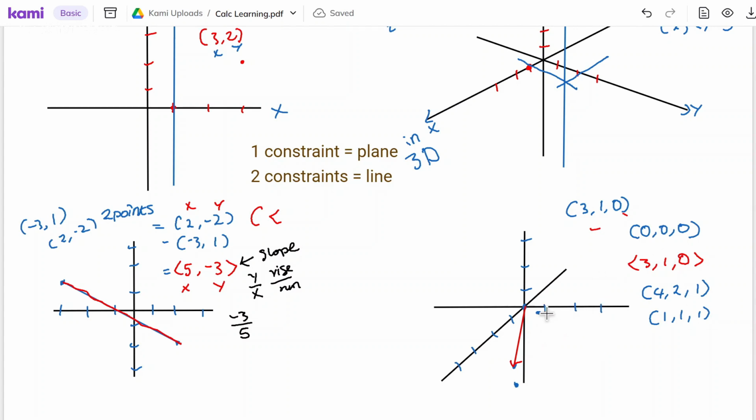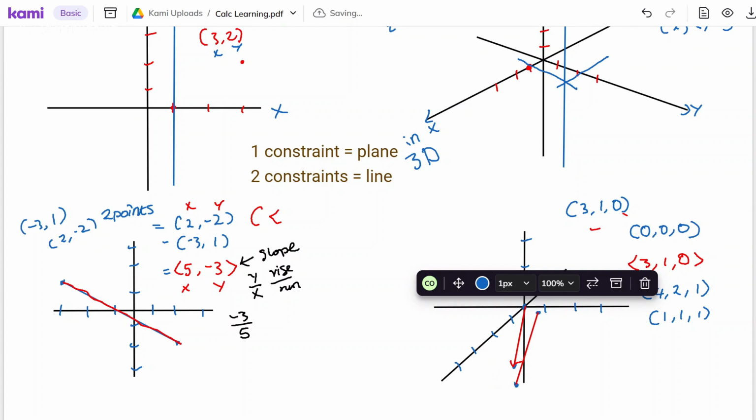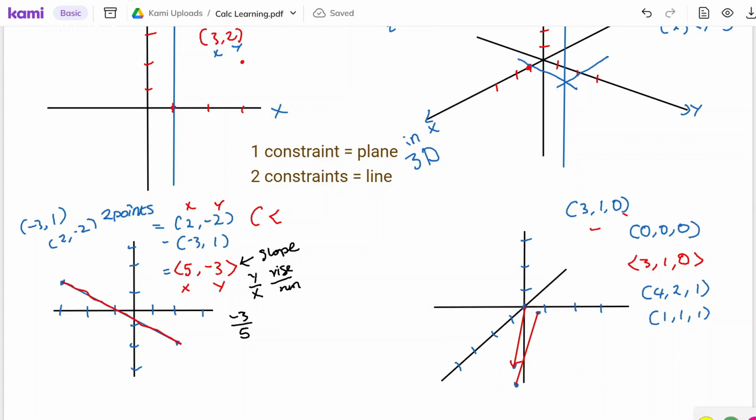If you do the vector for these 2 points now, 4, 2, 1, and 1, 1, 1, it starts at 1, 1, 1, and goes to 4, 2, 1. Right here. Although I didn't draw it as good, as you can see, these two are the same exact line, but just in a different spacing. And if you find the vector for this, it gives you 4 minus 1, 3, 2 minus 1, 1, 1 minus 1, 0.